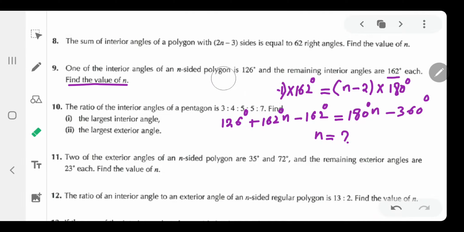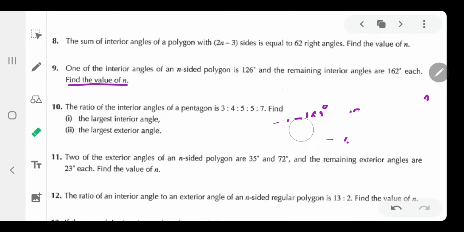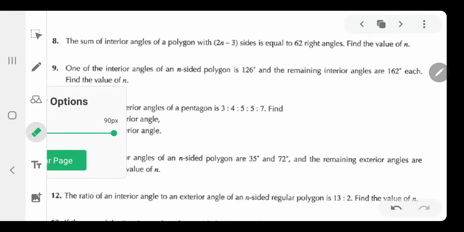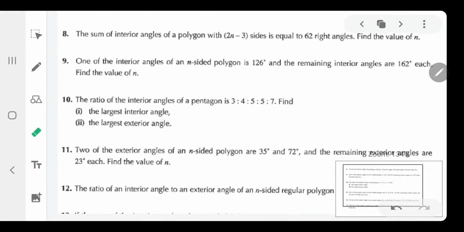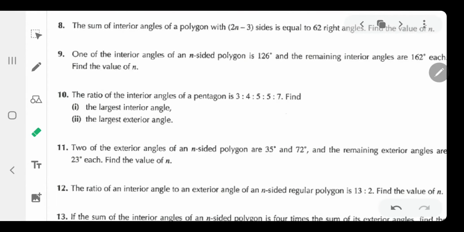So now we are going to discuss question number 10, which says that the ratio of interior angles of a pentagon is 3, 4, 5, 5 and 7. This is the ratio of interior angles. Find the largest interior angle. So what will be the sum of interior angles of this pentagon?